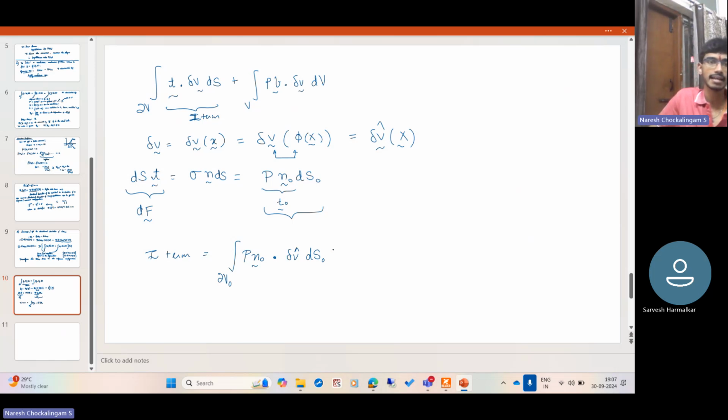These are quantities defined in the material coordinate system. This is actually t naught, which is specified. So this is equal to the integral over this surface of t naught dot del v cap ds naught.